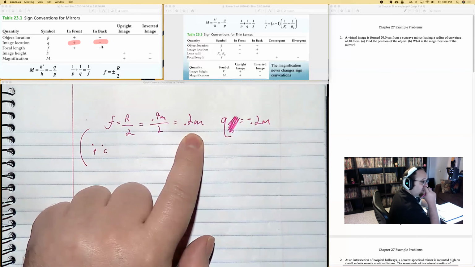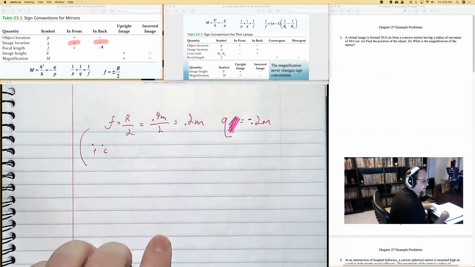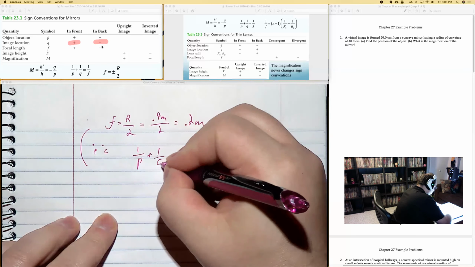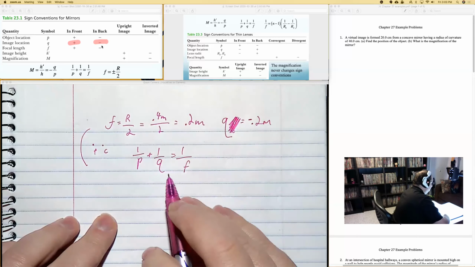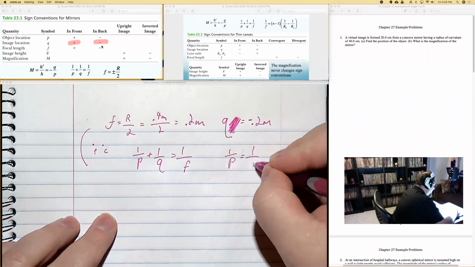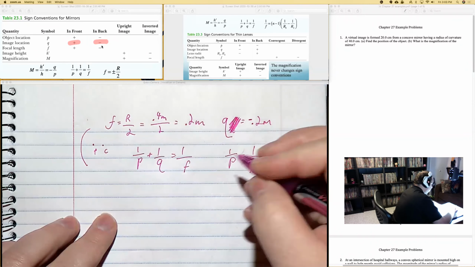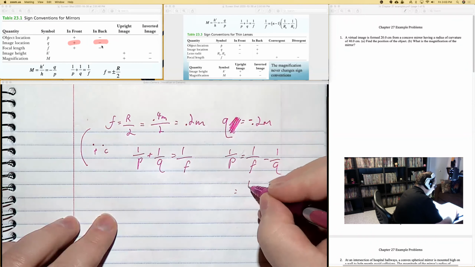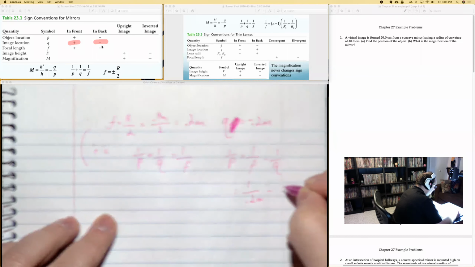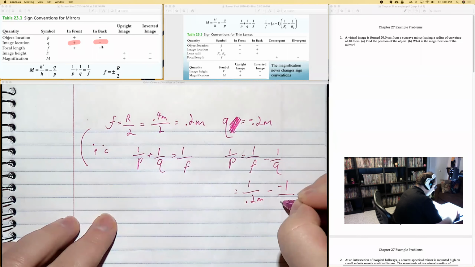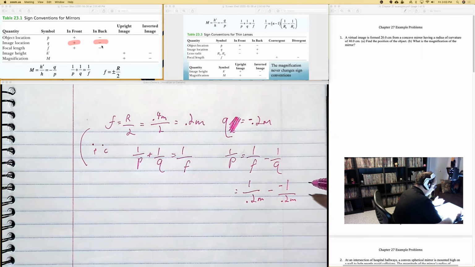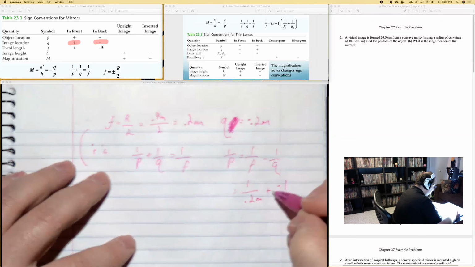So if I want to find the position of the object, I'm looking for P. I'm just going to use my 1 over P plus 1 over Q equals 1 over F. I'll subtract 1 over Q from both sides to get 1 over P equals 1 over F minus 1 over Q, which will give me 1 divided by 0.2 minus -1 divided by 0.2, which is going to be a double negative, so these cancel.